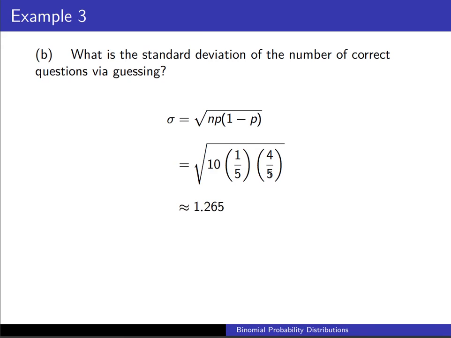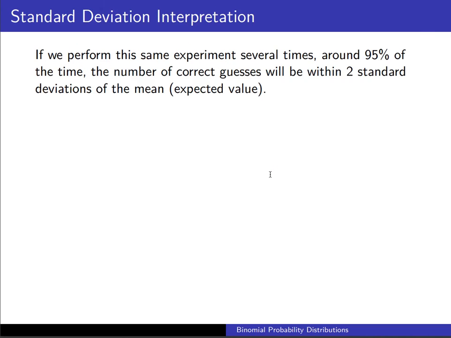So calculating this out, we get about 1.265. So our standard deviation is about 1.265 questions. So we'd expect to get 2 questions right, although it's not a guarantee. And on average, we're about 1.25 questions away from that average for that particular experiment.